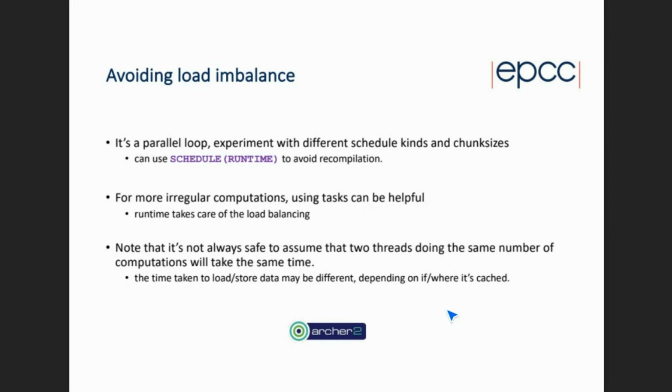You might be doing exactly the same number of floating point operations, executing exactly the same code, but they don't necessarily take the same amount of time, because threads can experience different numbers of cache misses, for example, and that's a potential source of load imbalance.